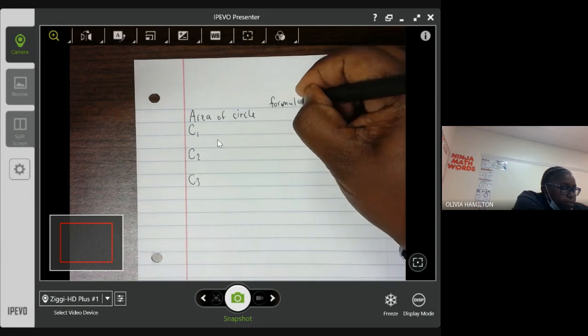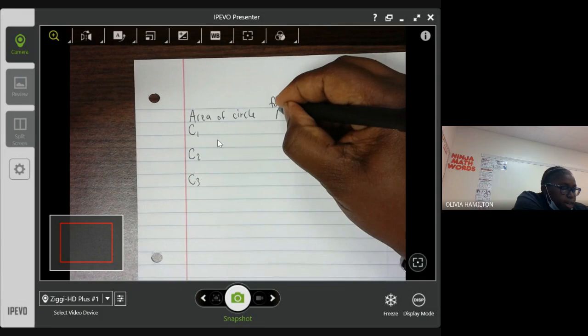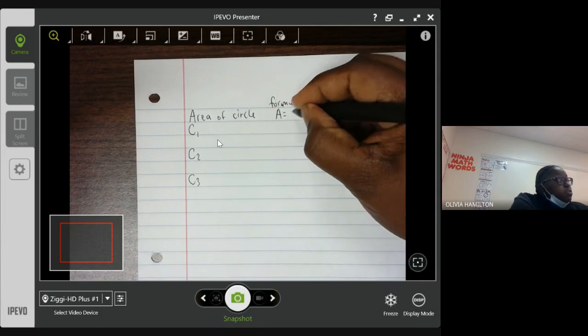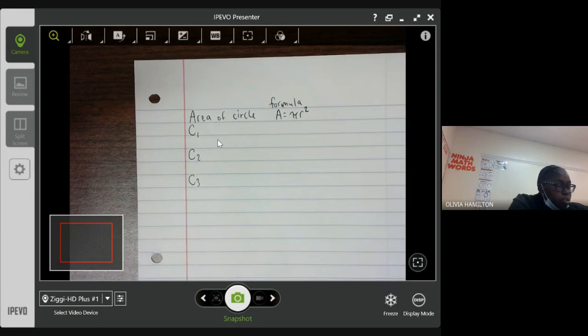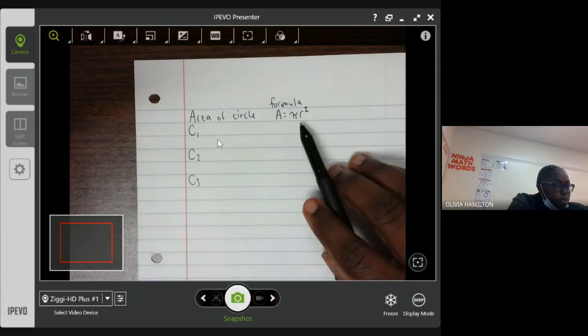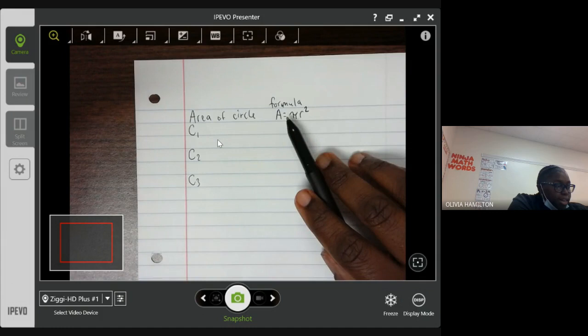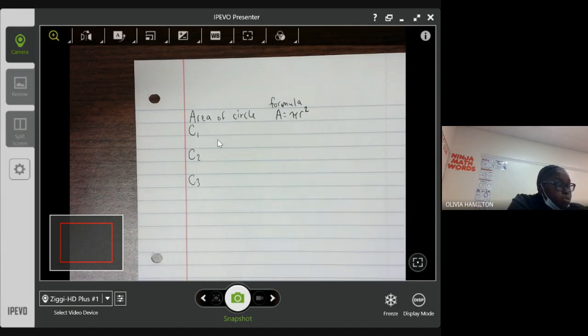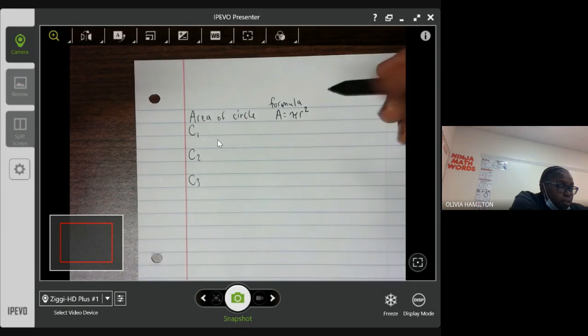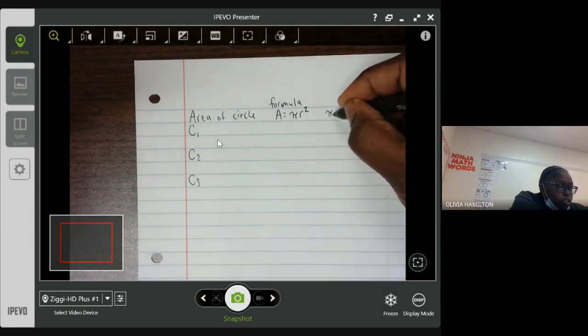So area of a circle needs pi r to the power of 2. Now that I have my formula, I need pi. So remember, first comes formula, then comes numbers. So I need pi, which you should know, and it's also located on your reference sheet, is 3.14.